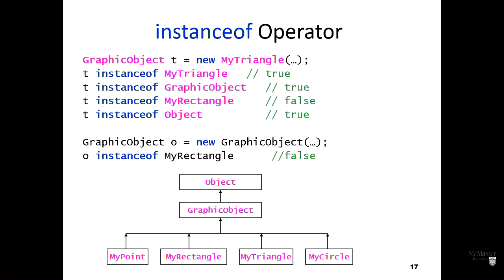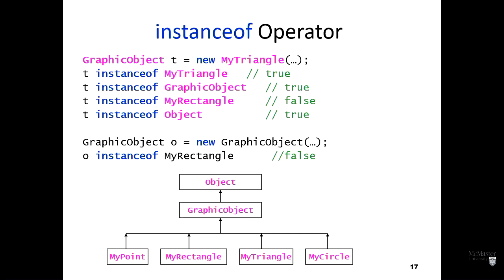Good. So is T an instance of my triangle? That's true, because it's pointing to an object of type triangle. Is it also of type graphic object? That's also true. You may think that this is true because T is declared as of graphic object type. But here is a question: what if I said myTriangle T equals new myTriangle?